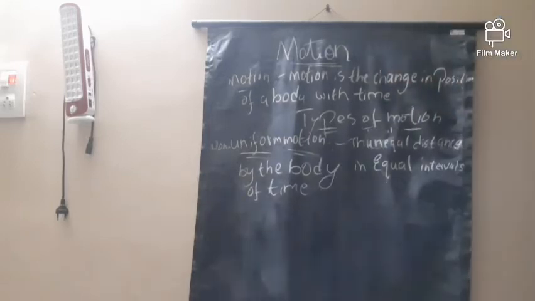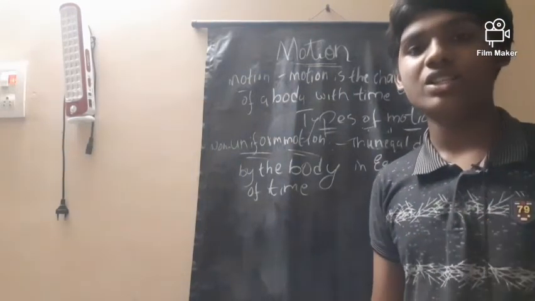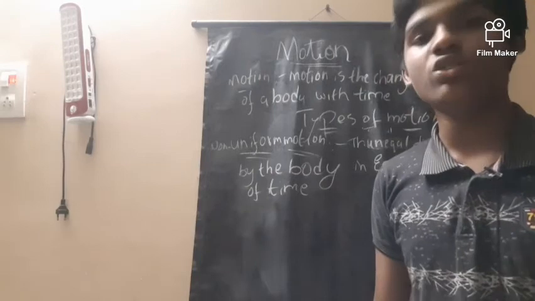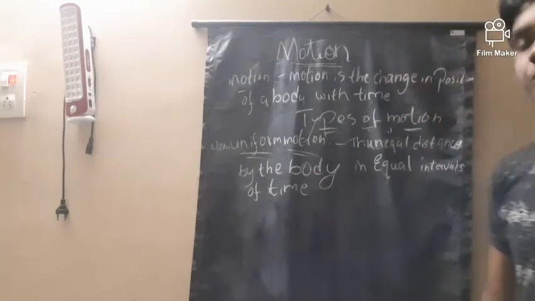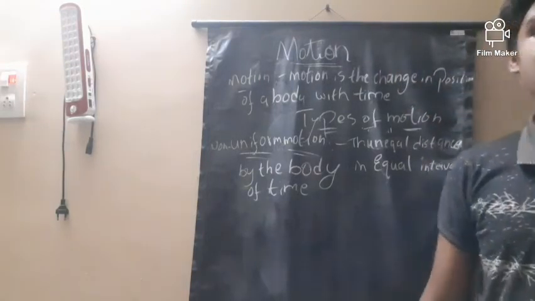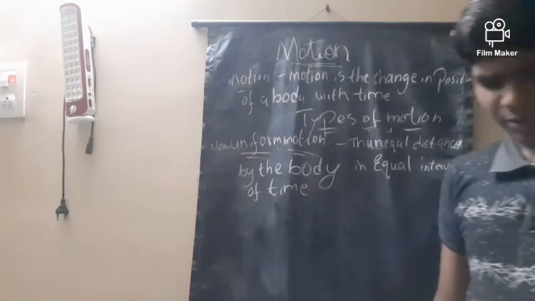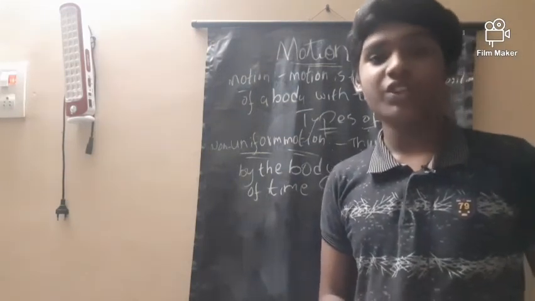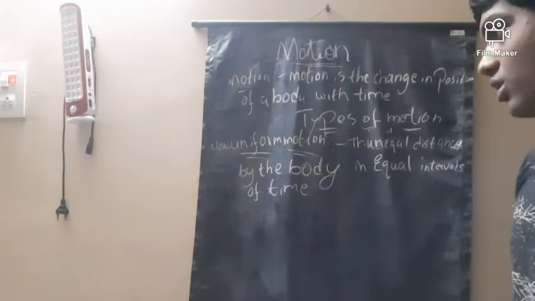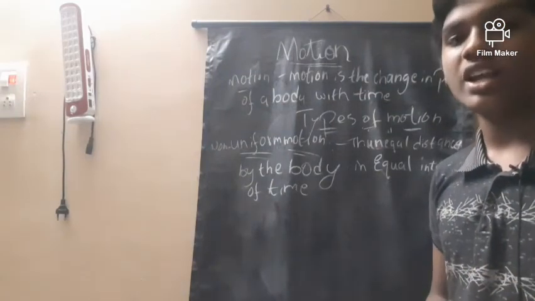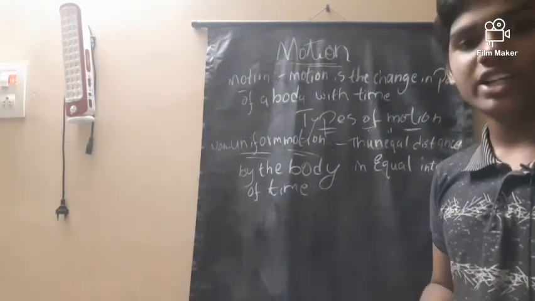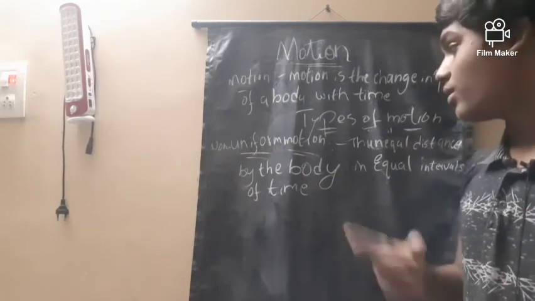The unequal distance travelled by the body in equal intervals of time means in 30 minutes the body travels only 20 meters, that is called unequal distance. When a body travels 40 meters in 50 minutes, that is called non-uniform motion. If a body travels unequal distances in equal intervals of time, that is called non-uniform motion.